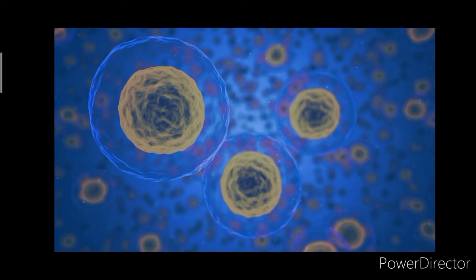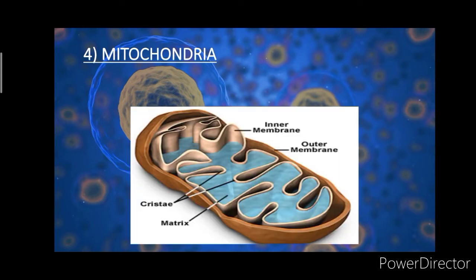The next organelle of a cell is the mitochondria. Now this is the structure of a mitochondria. Mitochondria is an organelle with a double outer covering.